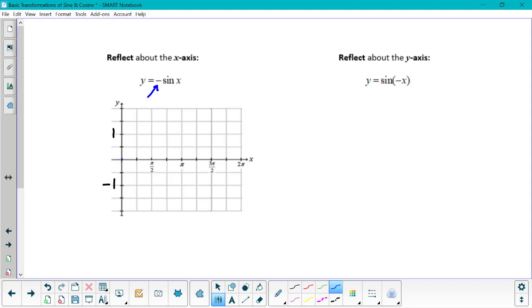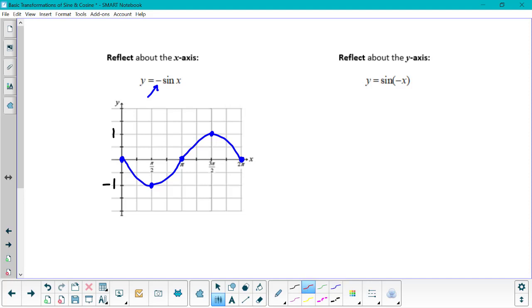So now my sine function, remember, any point that's on the x-axis stays. So those 3 points on the midline stay, but at the quarter point, we now go down to the min first. At the 3/4 point, we go up to the max. So there's the graph of the first cycle of sine reflected about the x-axis.